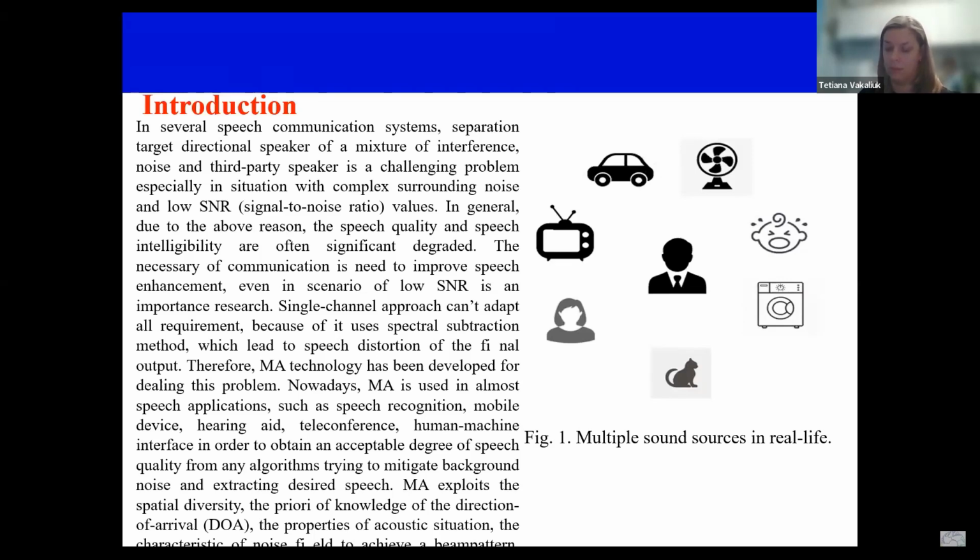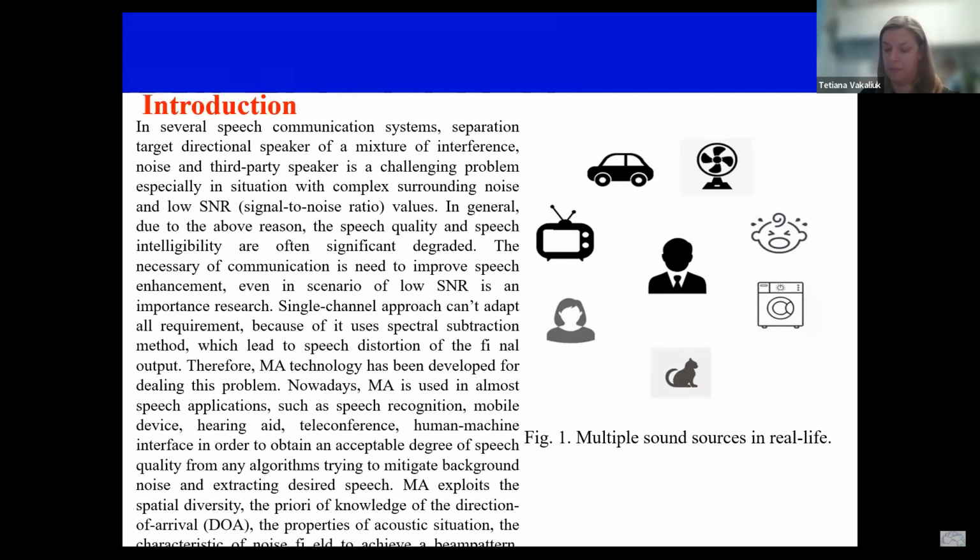Single channel approaches cannot meet the requirement because their spectral subtraction methods lead to speech distortion of the final output. Therefore, microphone array technology has been developed to deal with this problem.